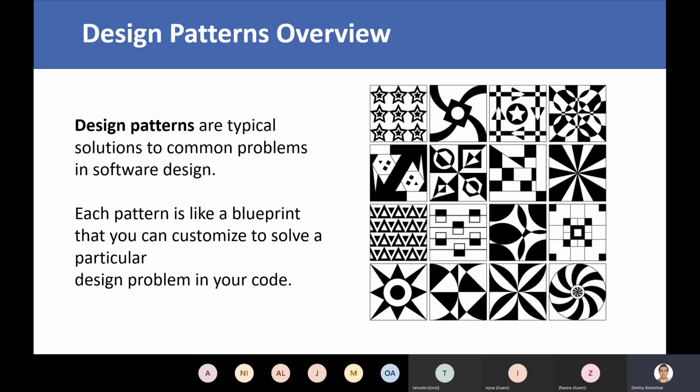And as a typical programmer would say, first, if you encounter some problems, go to Stack Overflow and try looking for a solution. With design patterns, it's mostly the same.